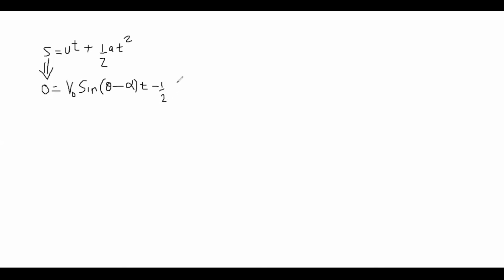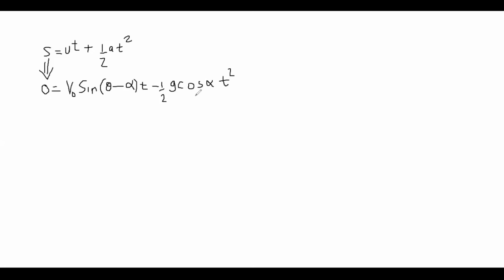Now here we are going to consider the vertical component of gravity, which is equal to g cos of alpha. All this one you multiply by t squared.